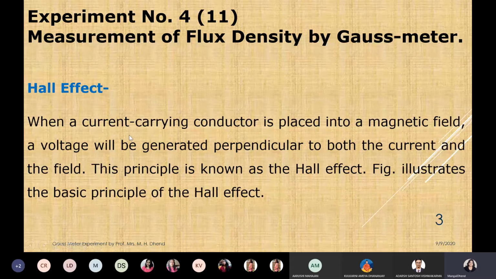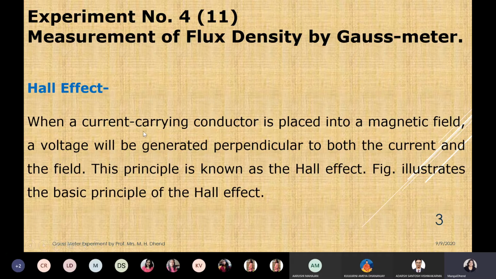So you are placing that probe into the flux field of the motor, but you are passing current through the Hall probe also.